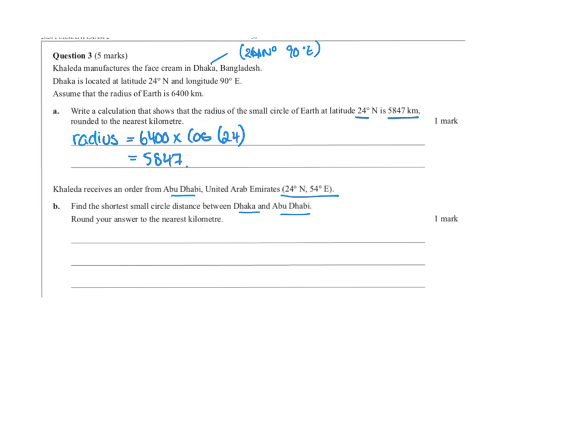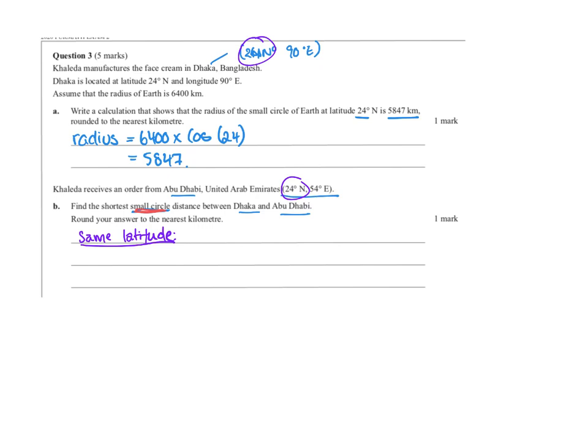So find the shortest distance on the small circle. When they say the small circle, you know it's the same latitude, okay? So we'll use the same latitude formula. Even though they've got different places, we're just going to go as if they're on the same latitude, which they are actually, 24 north.